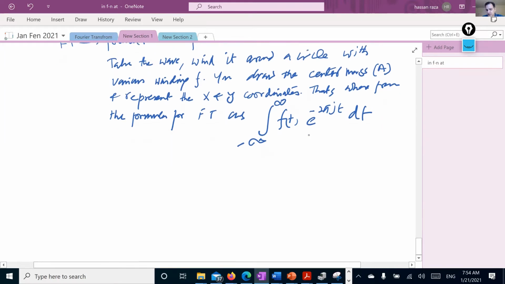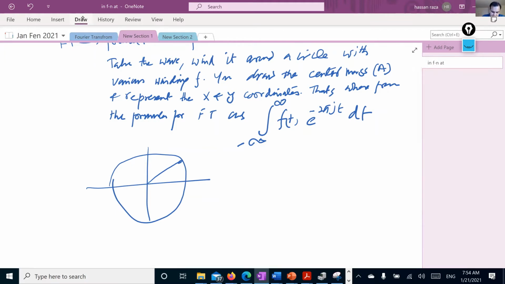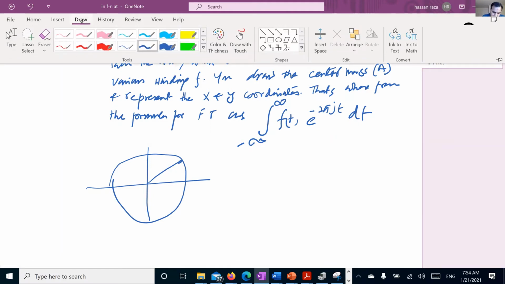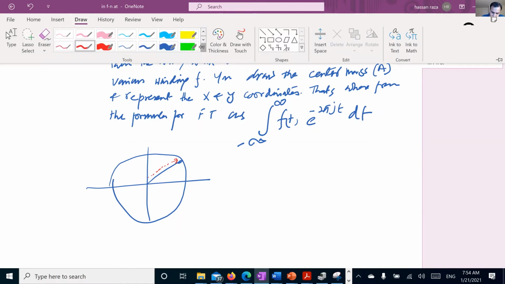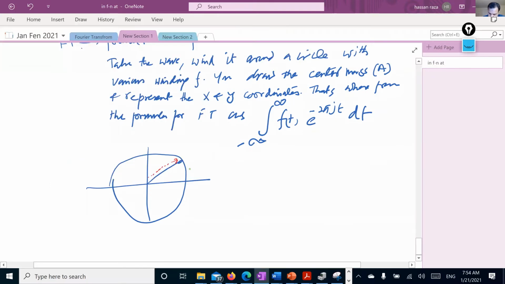The coordinate system is based on the Euler formula, that tells us if we have a point and we draw a circle, oops, not a good circle, I can reach this point through different routes. I can reach this point through this route, or through this route.